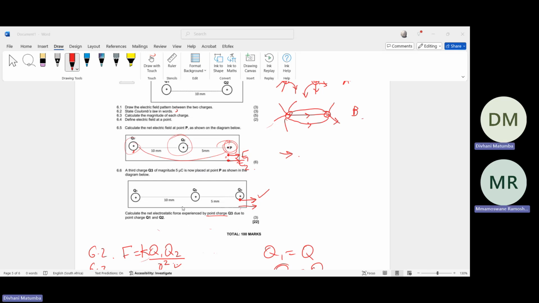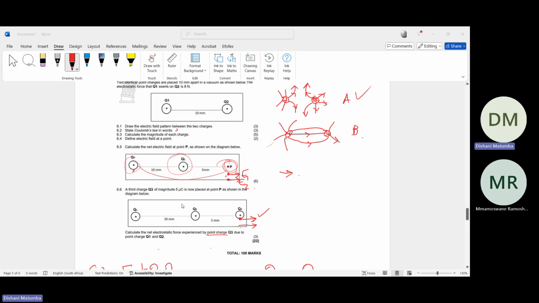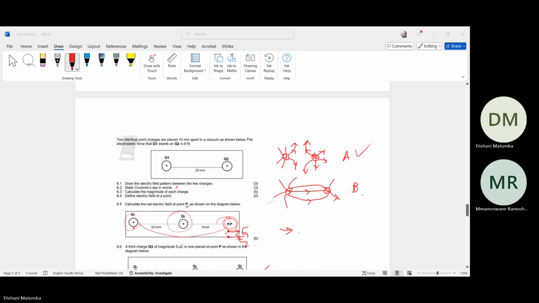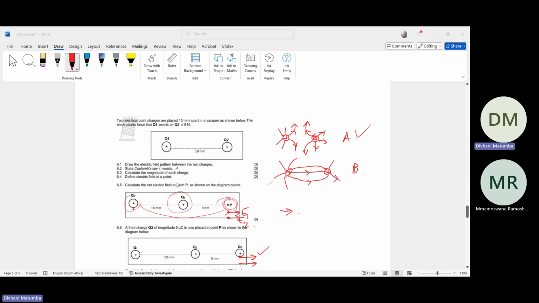Yes. So only identical spheres. The other thing is, question number 6.3 may come again.